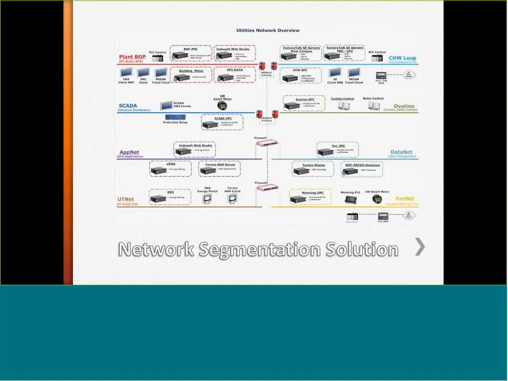One is the balance of plant, which is the support Rockwell PLC-based infrastructure to run all the processes adjacent to power generation. Power generation is an Emerson Ovation-based DCS, distributed control system.